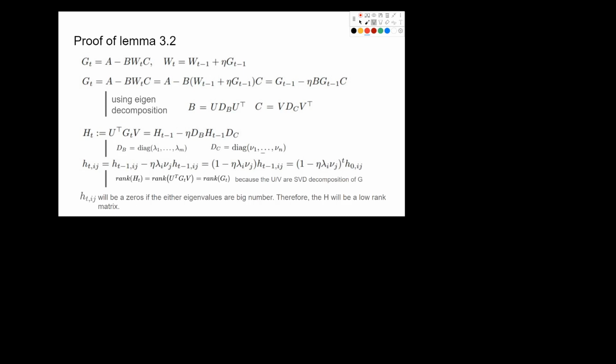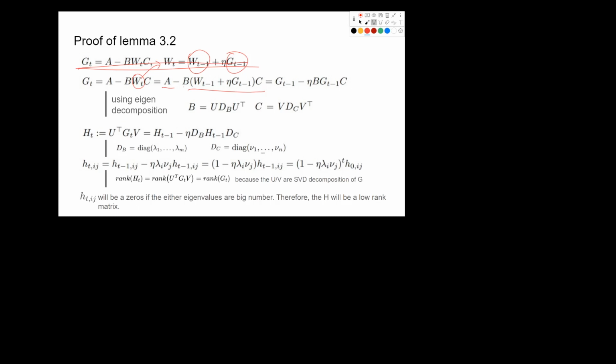Okay, so the proof of 3.2 starts with this one, which is by definition. Then we can substitute WT with WT minus 1 and GT minus 1 here, so it will become this one, and we can expand the second item.